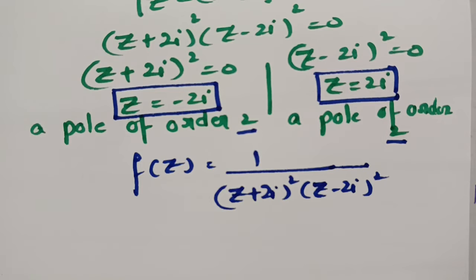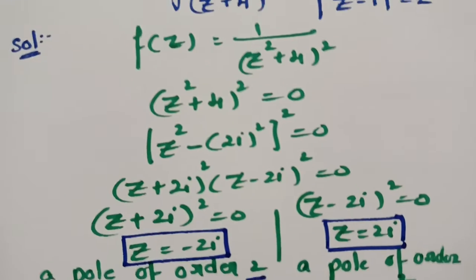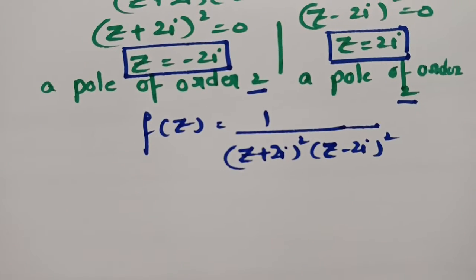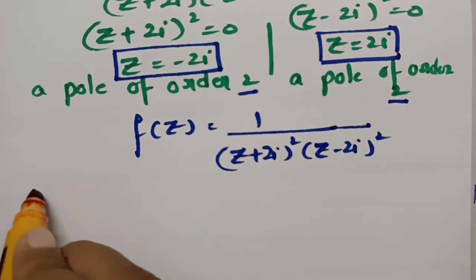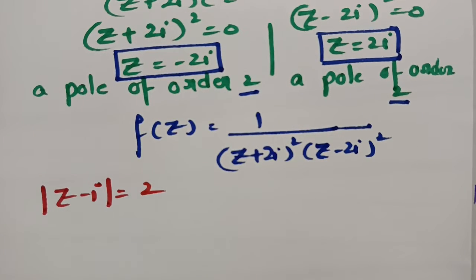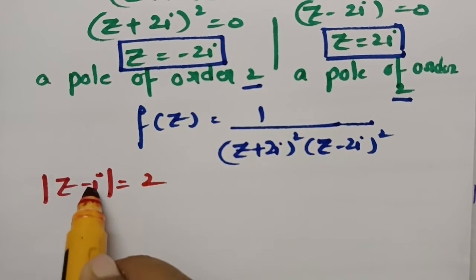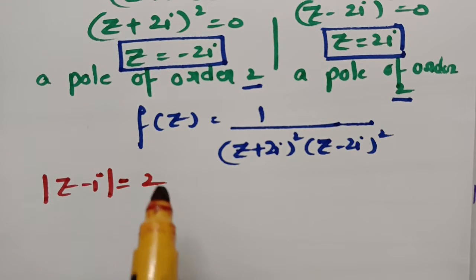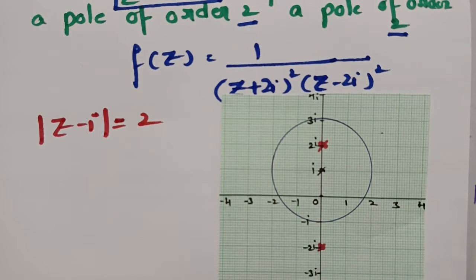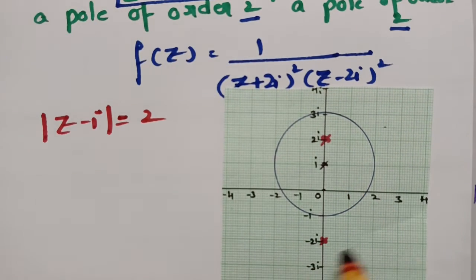Now see here, what is the condition given? The condition given is |z minus i| equal to 2. So this is a circle with center i and radius 2. Let me explain this one. This is the x-axis and this is the y-axis.